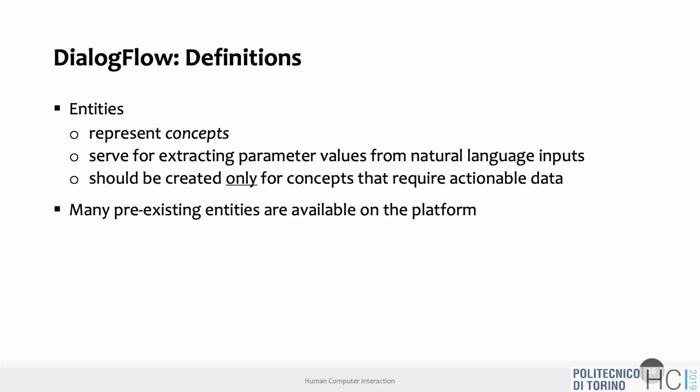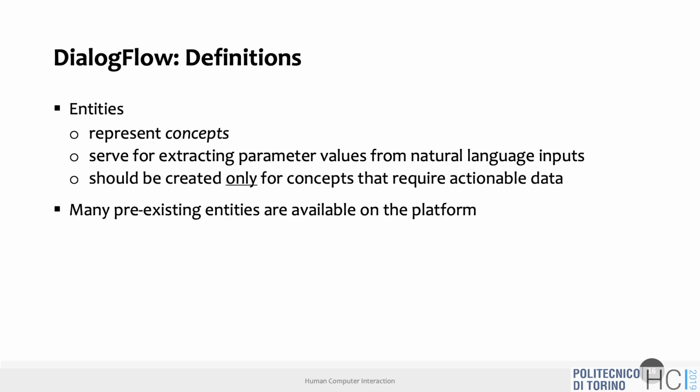You can create them, as I told you, but they should be created only for concepts that require actionable data. Like I need a city because I need to get a forecast for a city. Typically you don't create an entity for a verb.